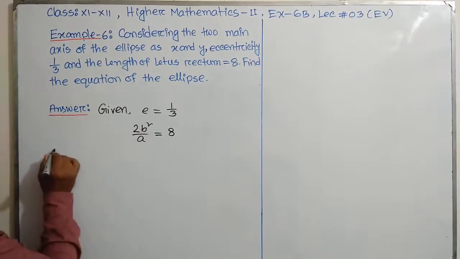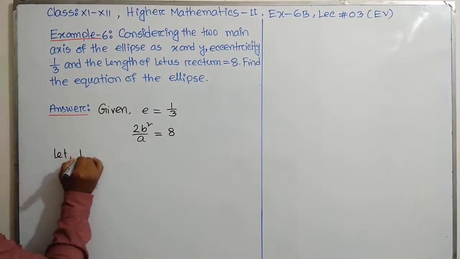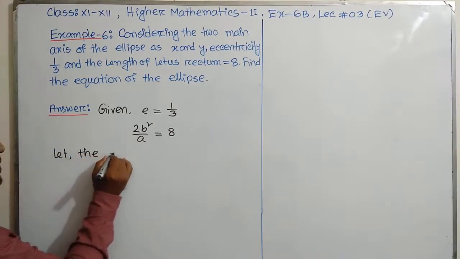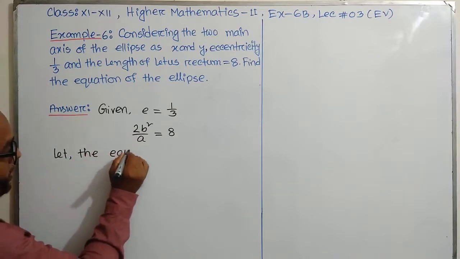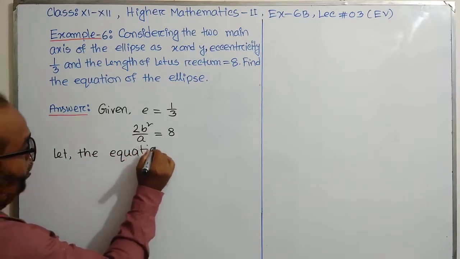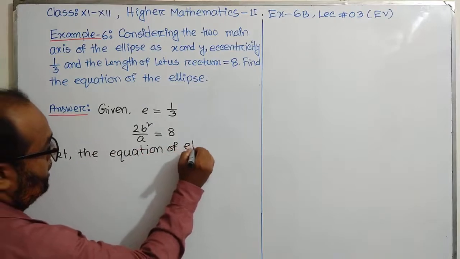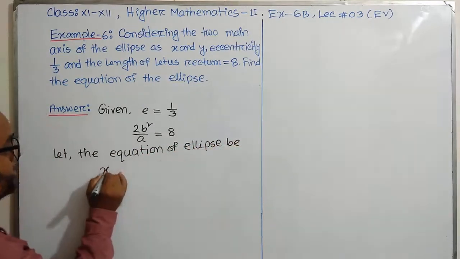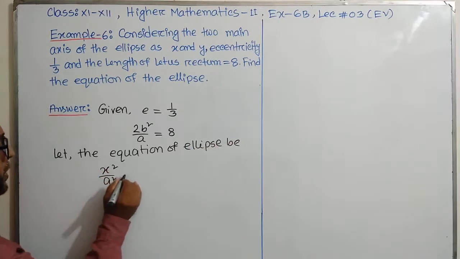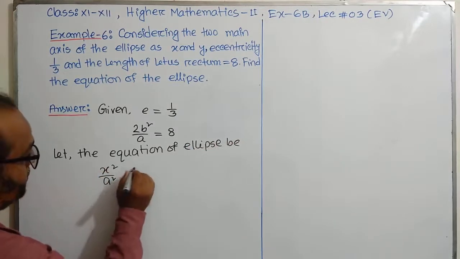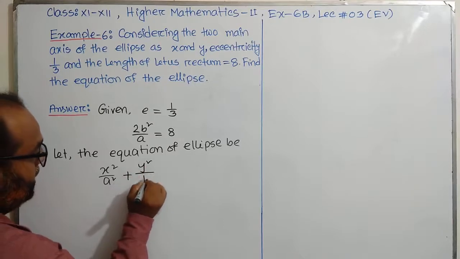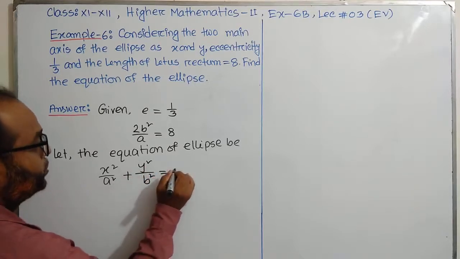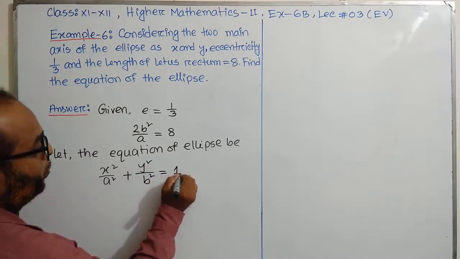Now let the equation of ellipse be x square by a square plus y square by b square, this equal to 1.